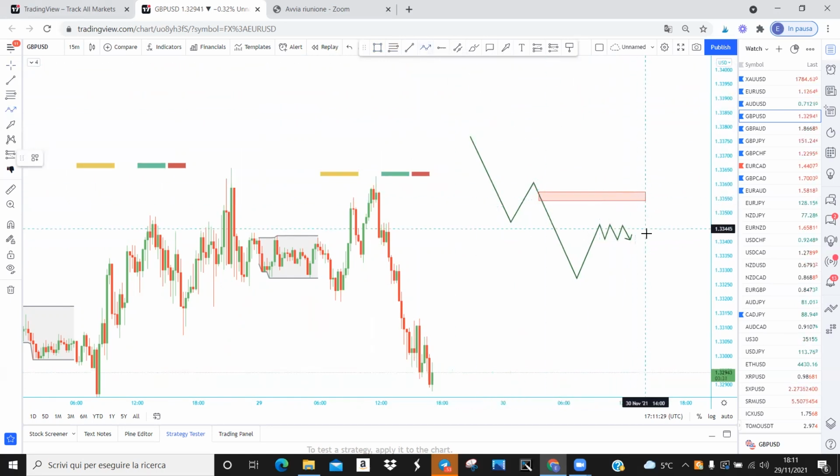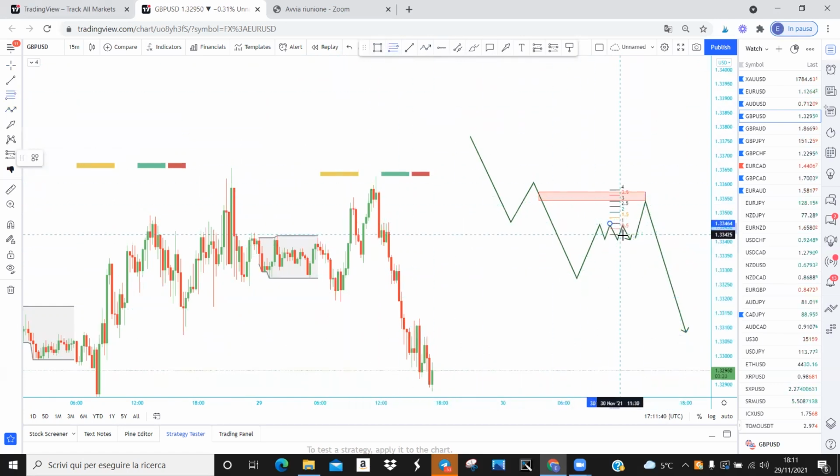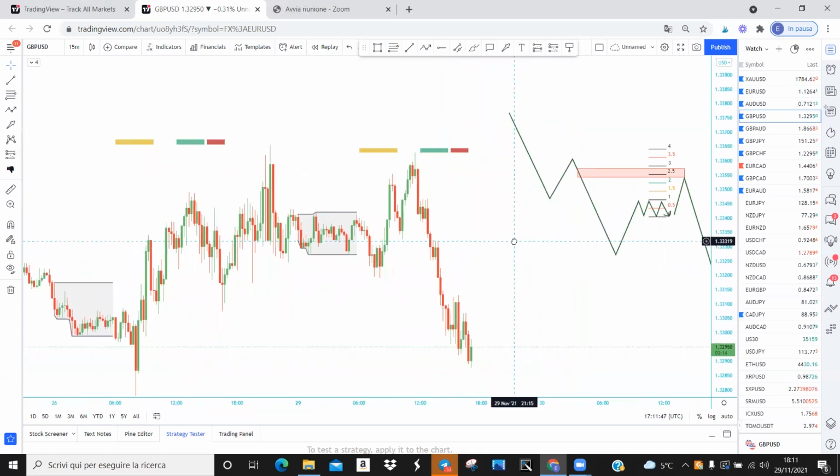What you're looking for is a manipulation, possibly during London or New York, of this range, well, during London mostly, to then continue. And guess what you have? You use the Asian range projections to see if they correspond to this level, okay? So this is basically what we use them for.